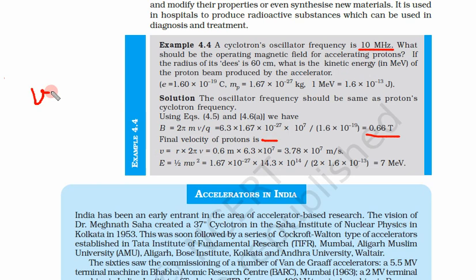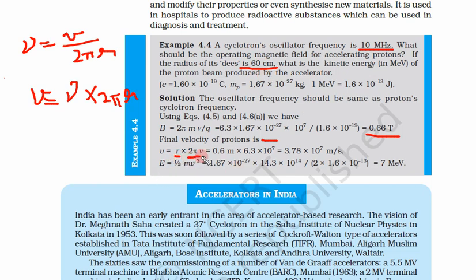We have already calculated that frequency is velocity upon 2 pi r. Now velocity is nu into 2 pi r. R is equal to 60 centimeter or 0.6 meter.